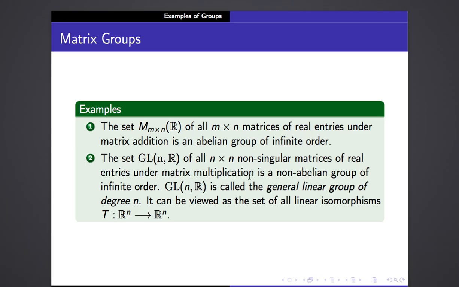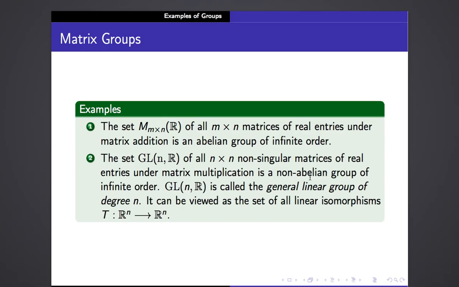In fact, GL with matrix multiplication is a non-abelian group. As you learned in linear algebra, matrix multiplication is in general not commutative.